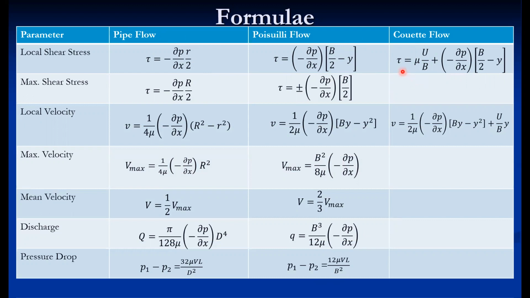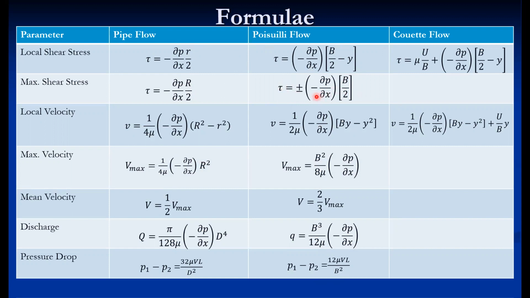That is, in the shear stress expression for Couette flow, we have to add Newton's law of viscosity plus the expression of tau in case of a Poiseuille flow. So this way you can memorize. Maximum shear stress, no need to memorize this expression, because if we know where we get maximum shear stress, generally at the boundaries, here small r can be replaced by capital R. Here we have two values of tau at both boundaries.